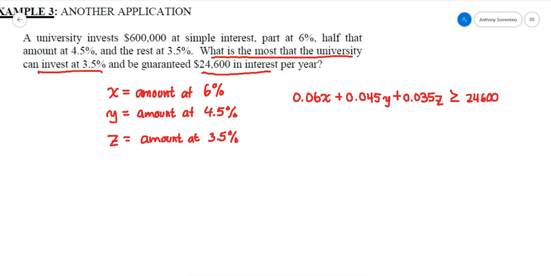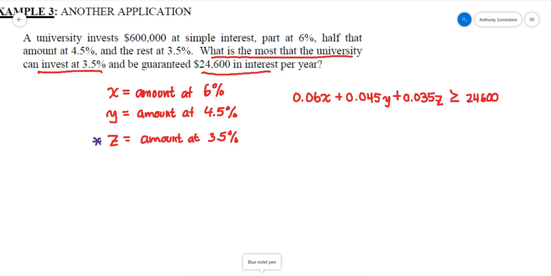The problem is I have three variables in this setup. So what I need to do is figure out a way to get this in terms of only one variable. And ultimately I want to figure out what z is. So let me put a little star right here. This is what I want to figure out. I want to figure out what z is. That doesn't necessarily mean that when I set up this equation, that's what I'm going to find immediately.